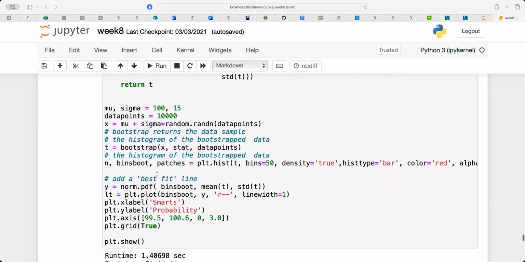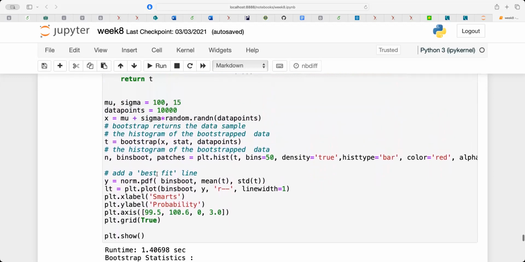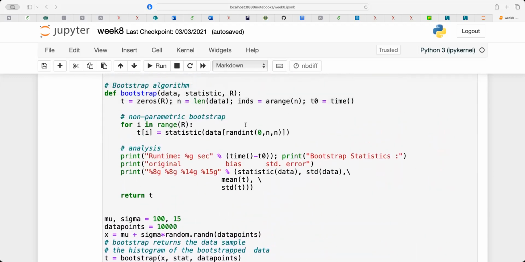But what I'm doing now, if you look at these calculations here, in this function, I'm doing the bootstrap, and this round int here simply reshuffles my data points, the 10,000 which I had originally, randomly. That is my new data set. And from that, I calculate my new estimation of the standard deviation.